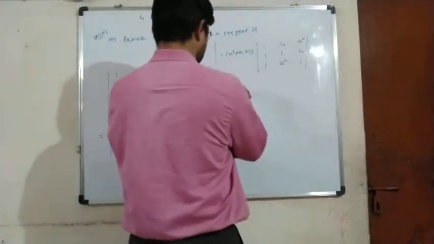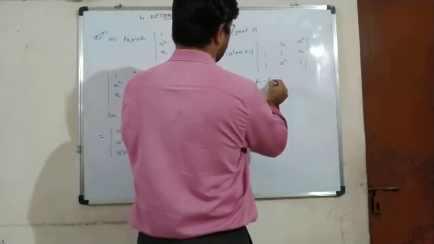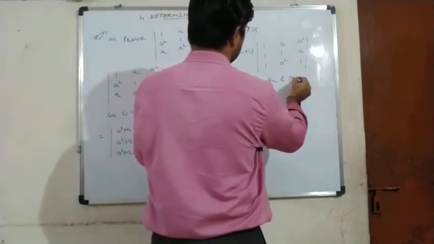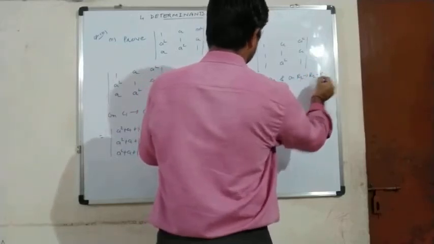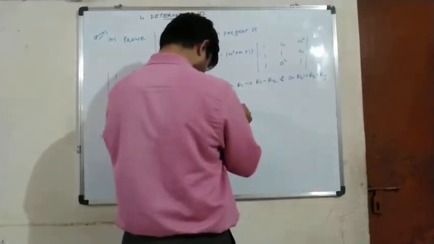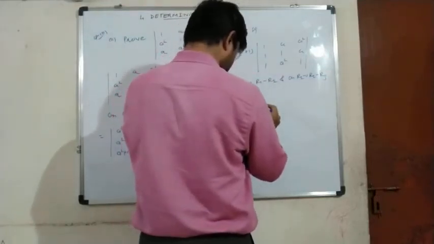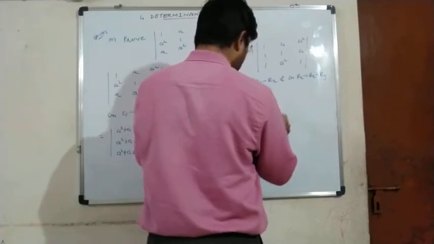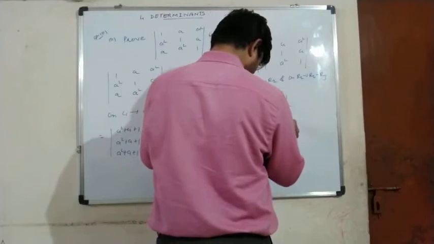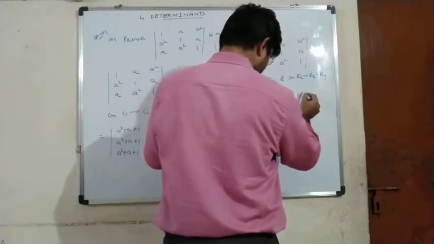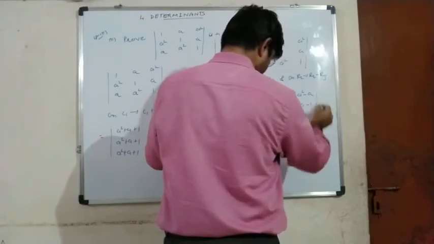Okay, now on R1 minus R2 and on R2 minus R3. Therefore a square plus a plus 1 into 0 0 1, a minus 1, 1 minus a square, minus a minus 1, 1.